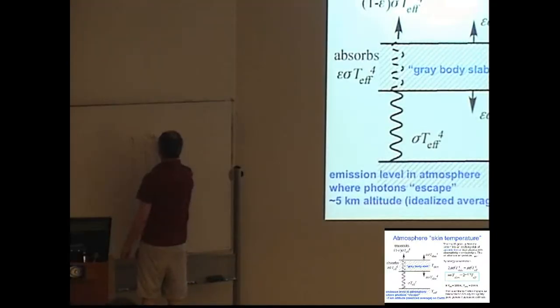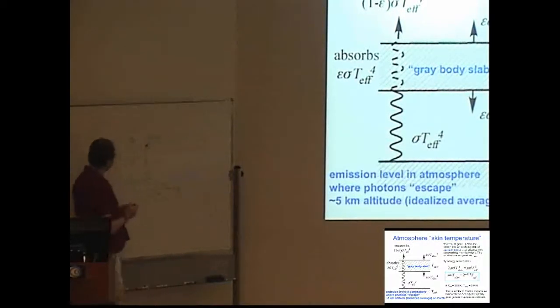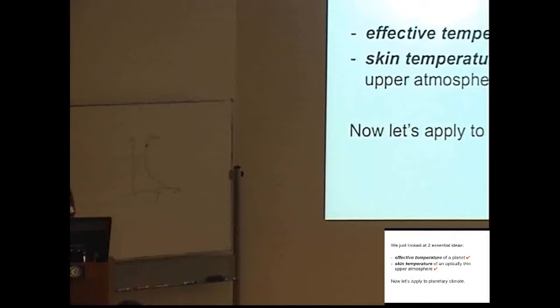It's this temperature that it asymptotes to, right, in the upper atmosphere. Because this is optically thin up here, relatively transparent. And this is convection down here, radiation up here. So it's just dominated by this very simple concept of skin temperature. So we've now introduced those two ideas.